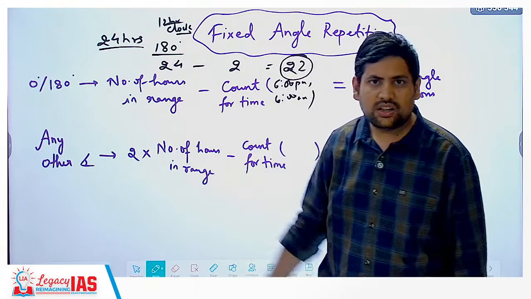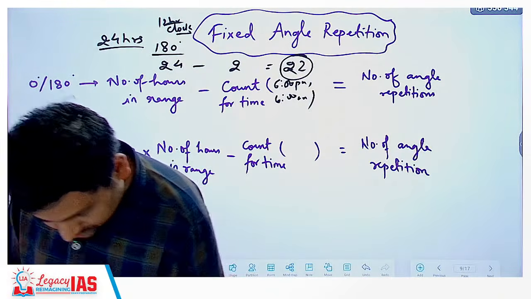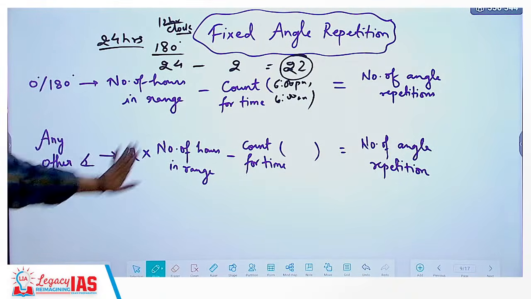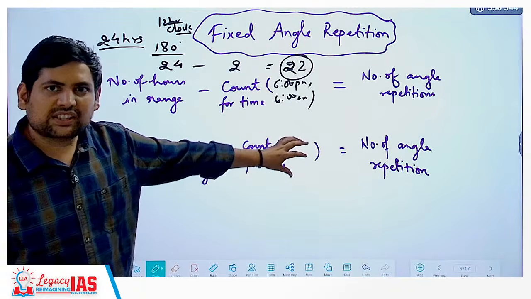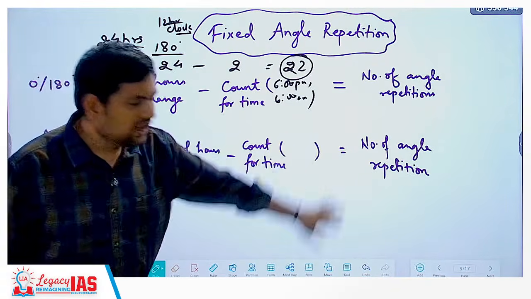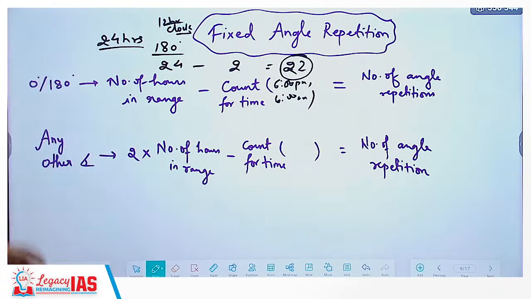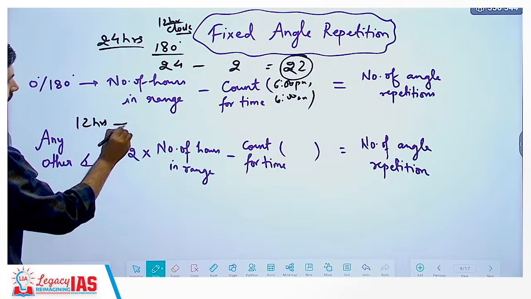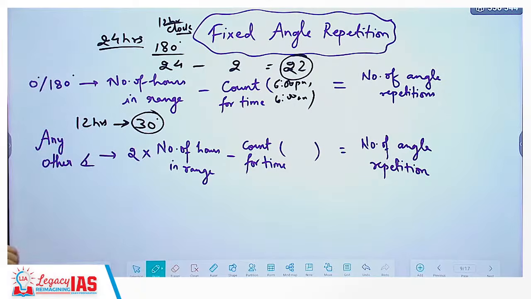Similarly, you can do it for 0 also. Now, for any other angle, it will be 2 into the number of hours in the range, minus the count for that particular fixed o'clock time. That gives you the number of angle repetitions. For example, in 12 hours, how many times does 30 degrees form?